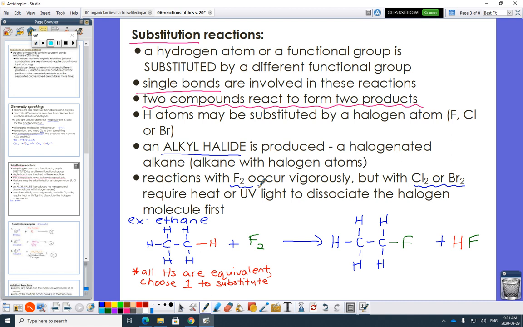Okay? So now usually you have to write the name. This is 1-fluoroethane. Okay? Usually we're not really stressed about what the other product is. This is not an organic product because it doesn't have carbons, but you can put hydrogen fluoride.